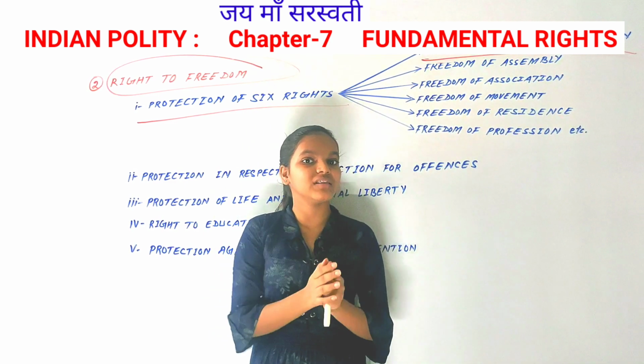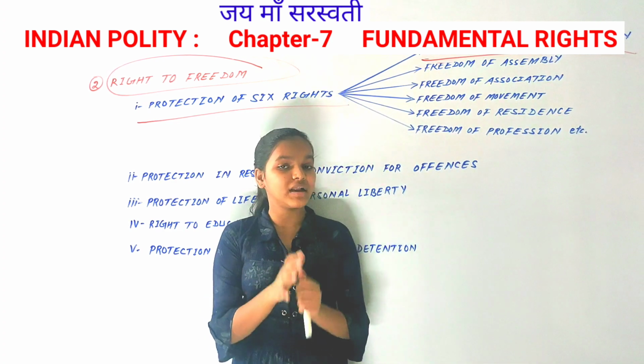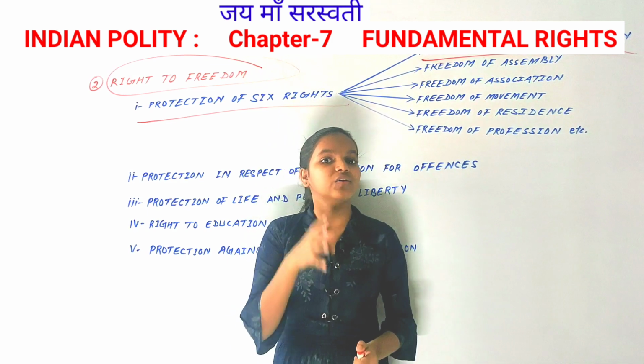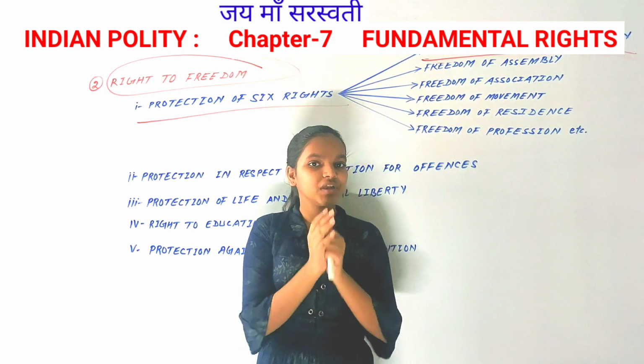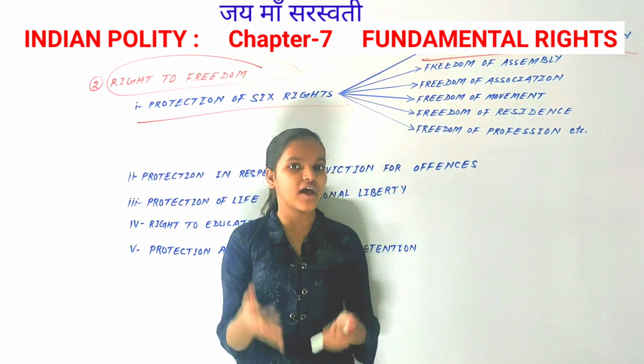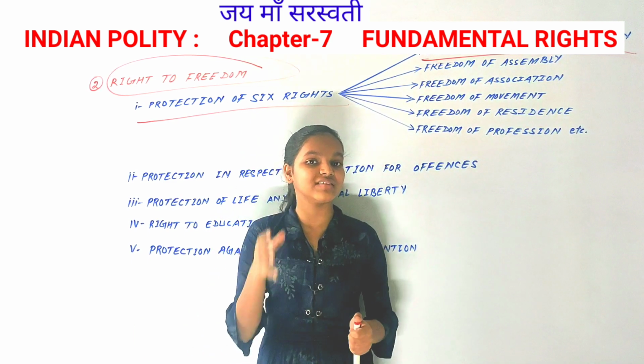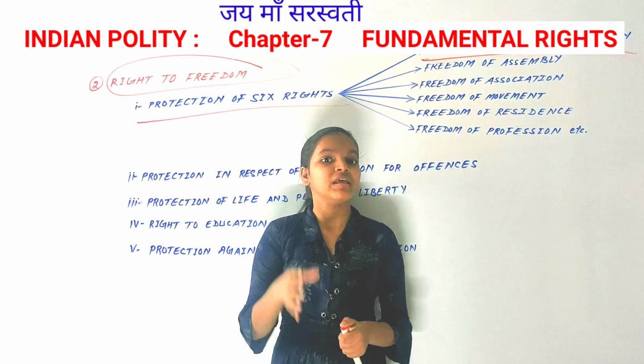They can spread their views in any way, but this right doesn't include the right to strike. No citizen of India has the right to strike, and the state can impose reasonable restrictions on this right.